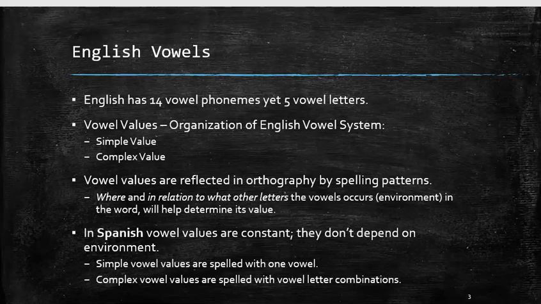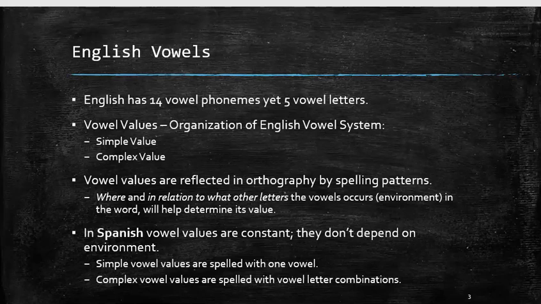Again, and maybe in lay terms, we have fewer letters than we have sounds. We talked about 38 versus 26 when we're talking about the entire phonetic system in English. We're not going to be dealing with all of the phonemes, so we're going to narrow it down and focus on just the vowels.